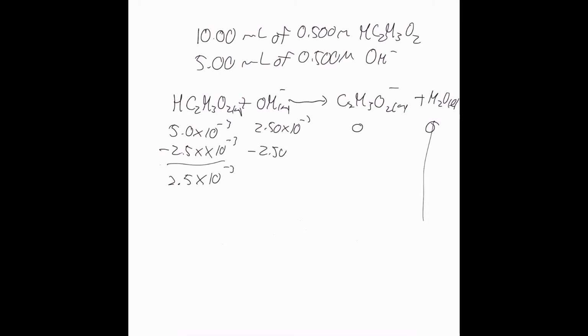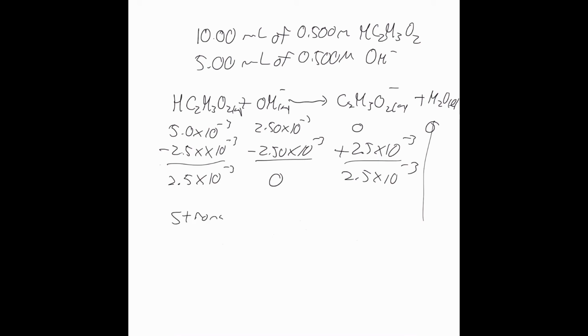This is minus 2.5 times 10 to the minus 3. So we're left with 0 strong base, and we get 2.5 times 10 to the minus 3 acetate. All right, so we're left with acetic acid and acetate, each with the same number of moles.